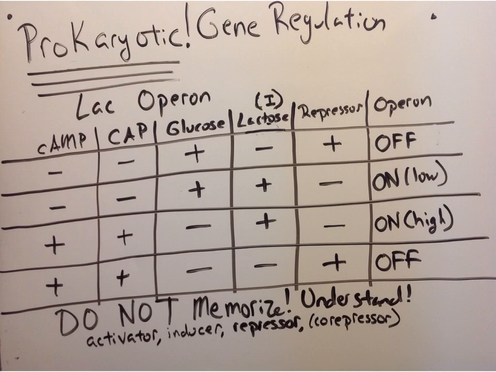One thing to mention about this chart, it's not my ideal for you guys just to memorize this chart. Instead, you need to understand the relationships between inducers and repressors and transcription of the operon, and also the co-repressor which functions in the trp operon. So understand that inducers turn the operon on.